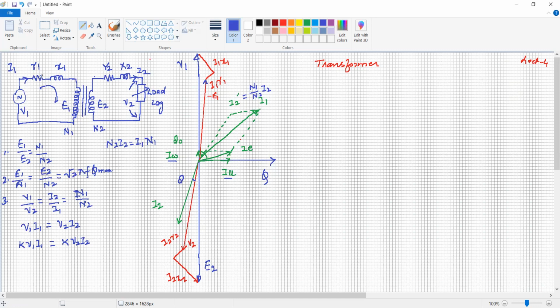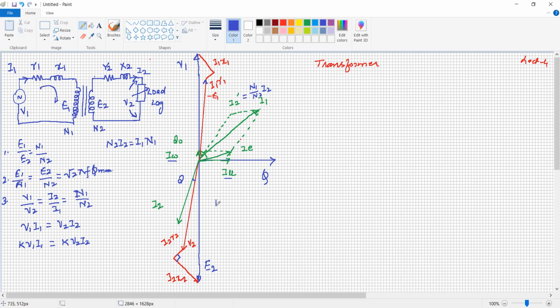Now there is the leakage reactance and resistance of the winding. The resistive drop is in phase with the current, and in quadrature there is a reactive drop. The EMF induced in the secondary winding under no load condition is E2, but because of the voltage drop across resistance and reactance, the terminal voltage is smaller.